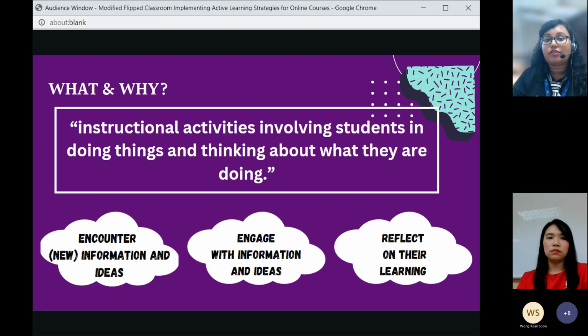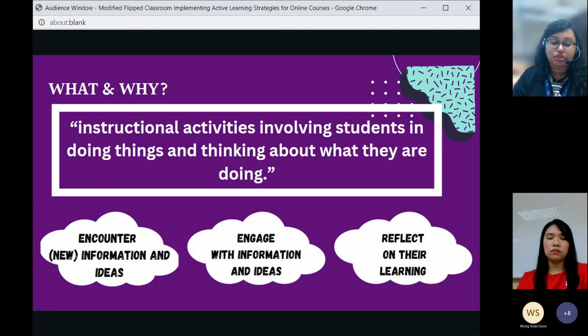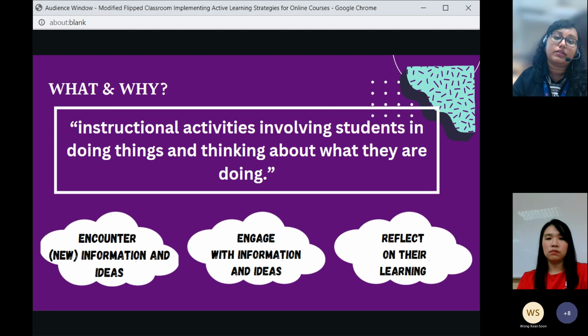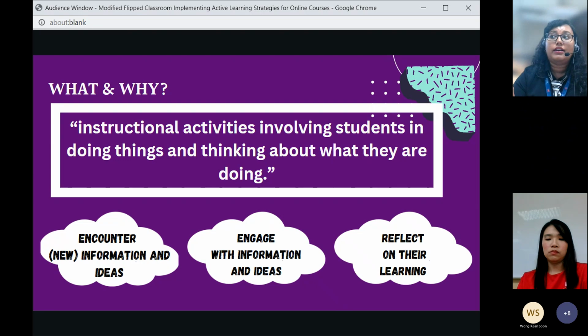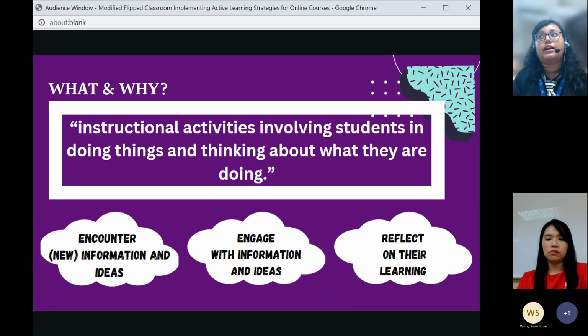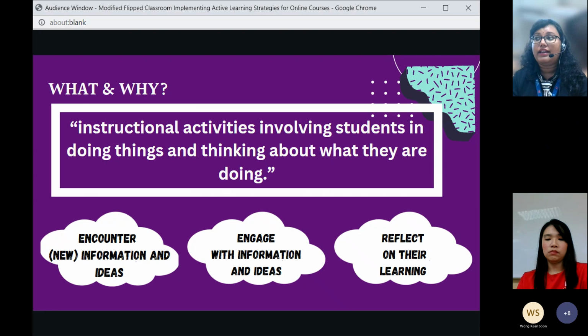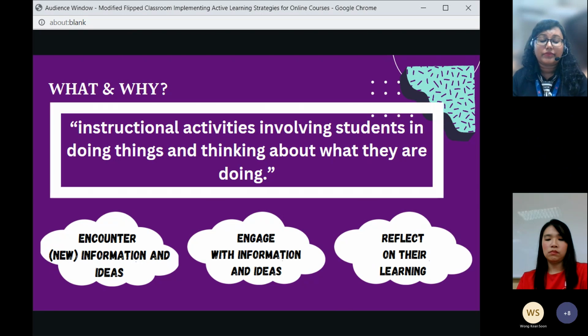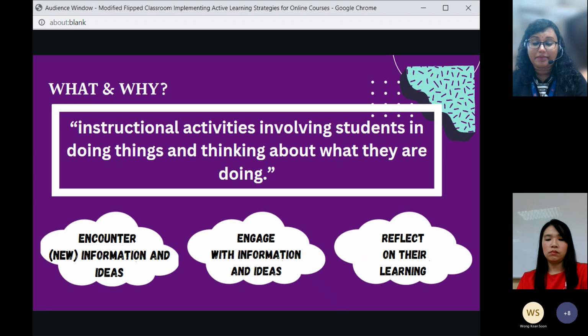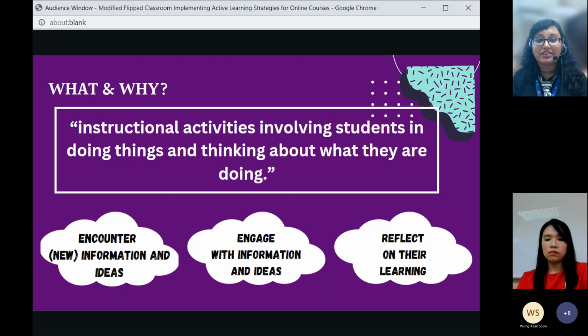Face to face, of course, you can ask them to write a short reflective essay, or you can ask them to post on OpenLearning whether or not they understood this particular topic for the day. Some of my students hardly comment on OpenLearning because they are scared, they are shy that their names will be there, so they will think others will judge them that, oh, this person doesn't know this.